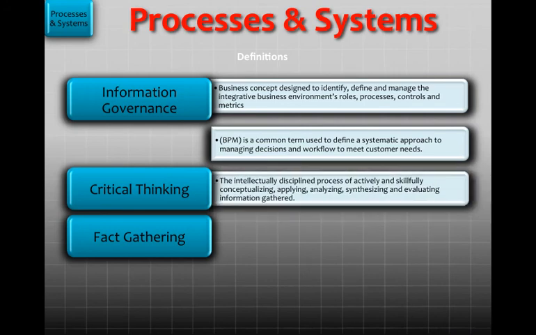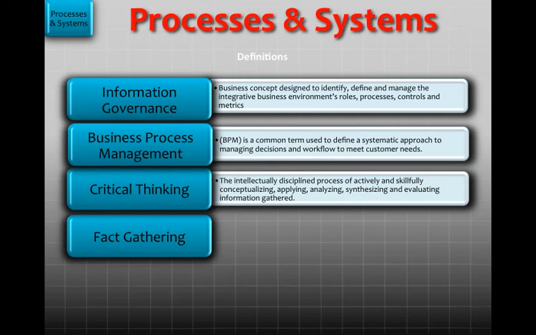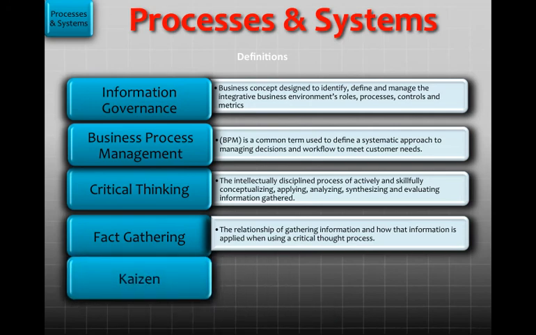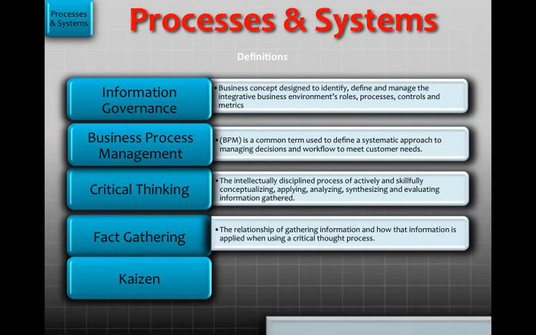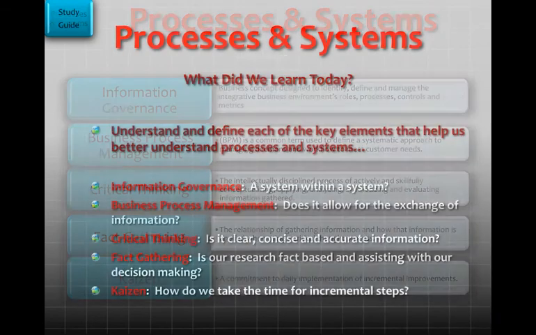They're always there. So it's better for you to become a student of process and systems and understand how they operate than it is to become a spectator of processes and systems. So: information governance, business process management, critical thinking, fact gathering, and Kaizen.